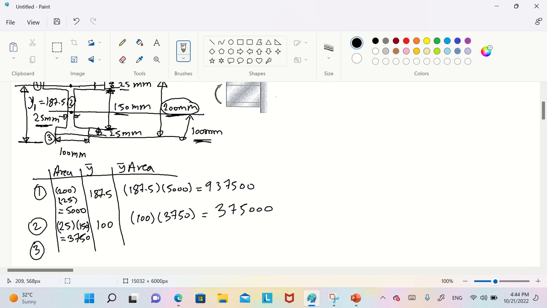The same as the third one. The center of the third one to the ground. Now the height of the third one is 25, and the center is the same as the first one, 12.5. But I cannot say 200 minus 12.5 because the center is near the ground, so it is only 12.5.